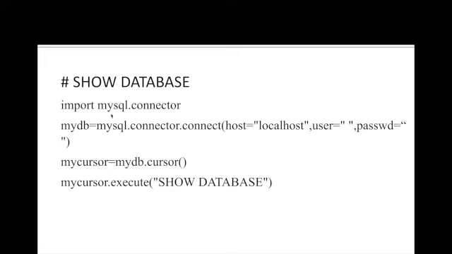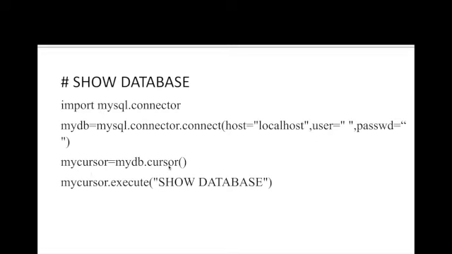In the first step, import mysql.connector is there. Here no short form is given, so we can write mysql.connector.connect. Otherwise, if you give a name, import mysql.connector as a, then you can write a.connect. If you are not giving any name, just simply use this one.